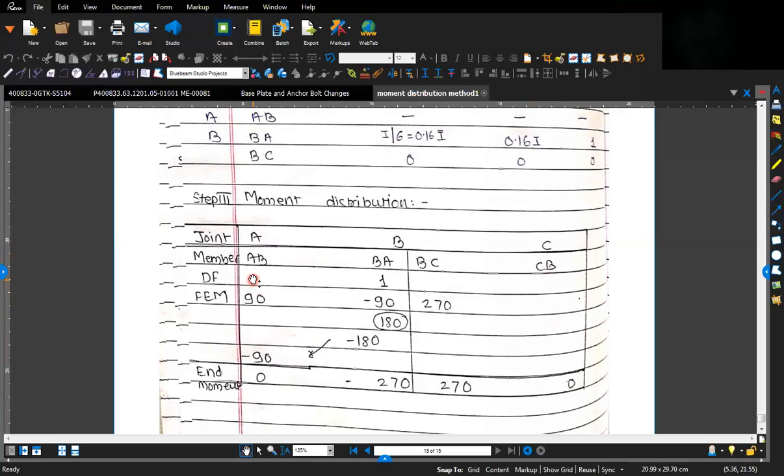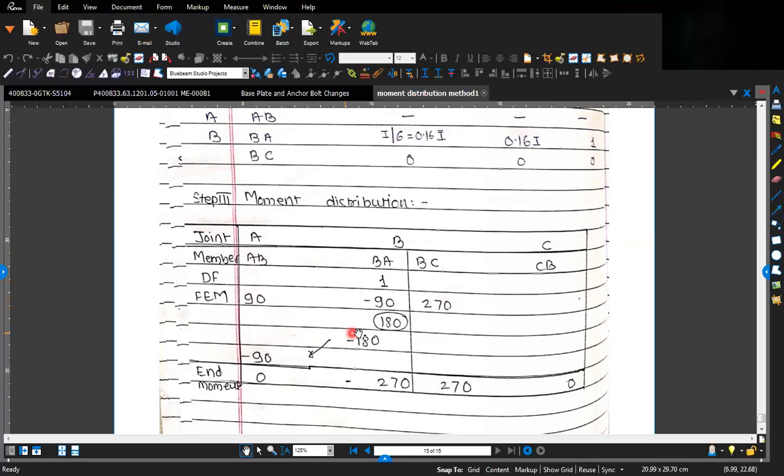Similarly for the distribution factor, for the AB member there is no distribution factor, so don't put 0 over there. 0 has its own meaning. Whatever values are not present or are 0, keep that in your mind, but don't put it on your paper.